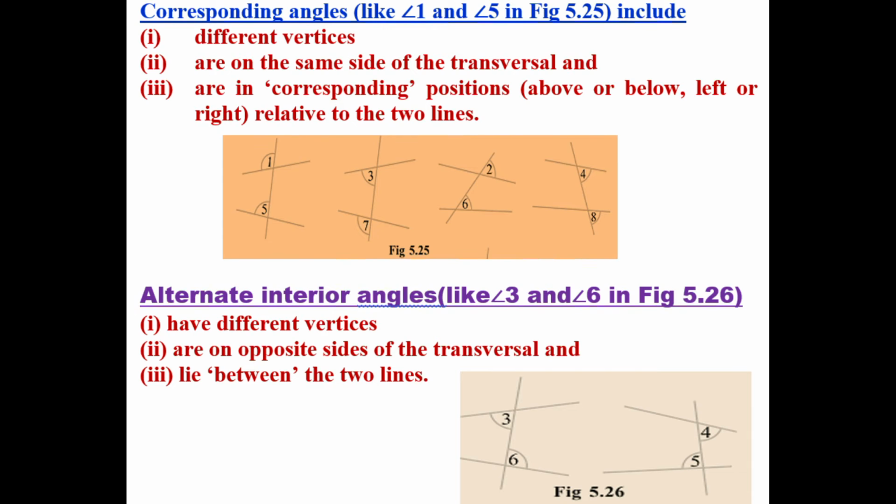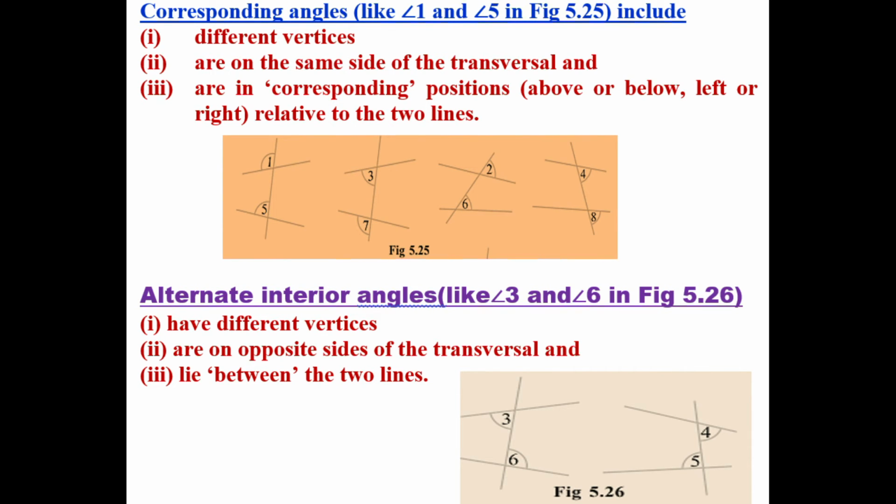Now you see the corresponding angles like 1 and 5 in the figure 5.25. They have different vertices, lie on the same side of the transversal, and are in corresponding positions, above or below, left or right, relative to the two lines.